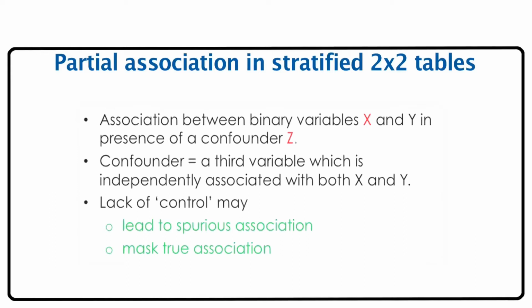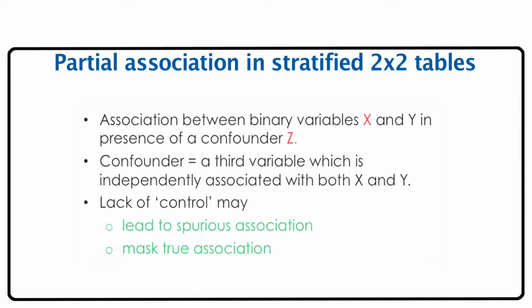Thus, for example, if we were to say that smoking leads to stress, which leads to high blood pressure, then stress is an intermediate variable between smoking and blood pressure, and it is not considered a confounder. If you are interested in confounders and how we control for them and what happens if we fail to control for them, then more on this in the modules on biostatistics.